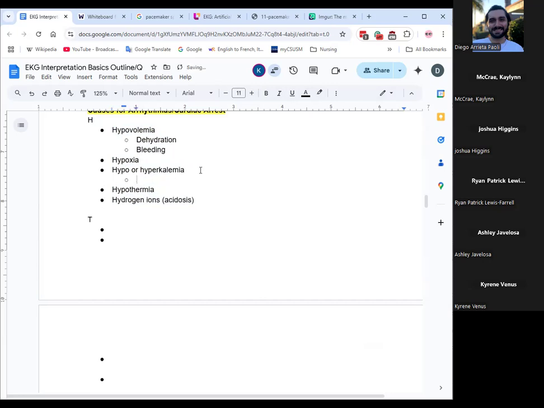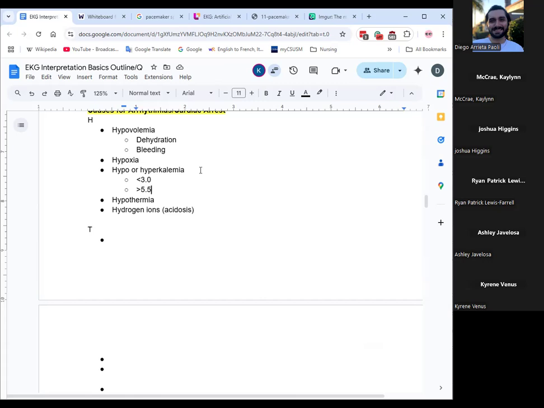Just for fun, because this wasn't really truly specified, there are some potassium numbers where you're more likely to see your rhythm changes. Even though you want to do something about it when it's off, with hypo and hyper, correct me if I'm wrong, Kaylin, it'd be under 3.0 and above 5.5.